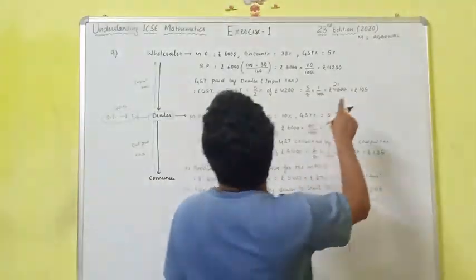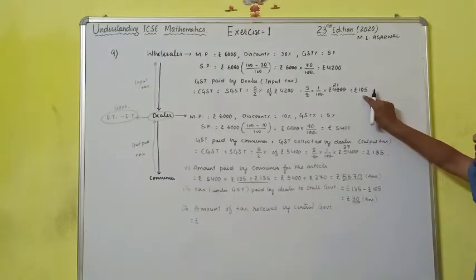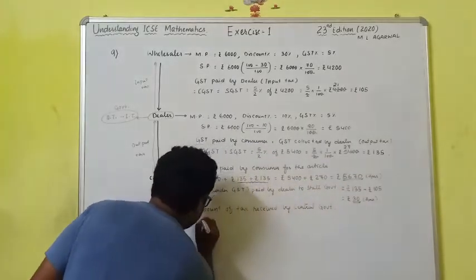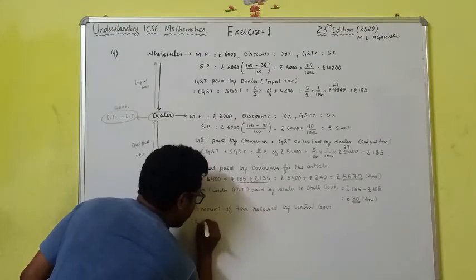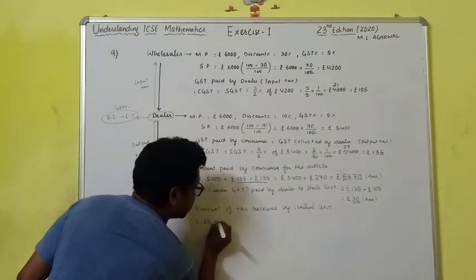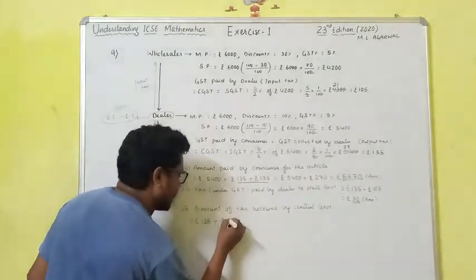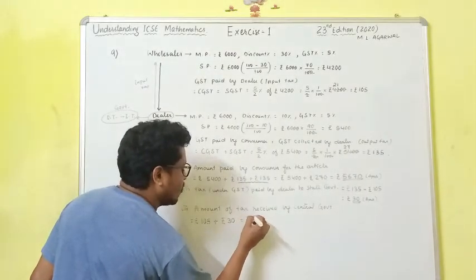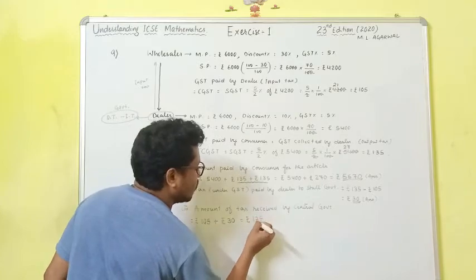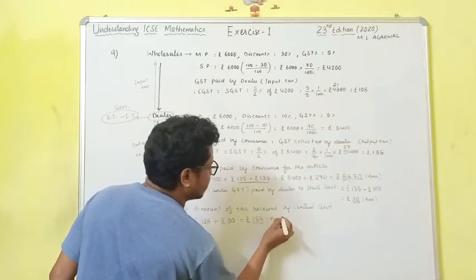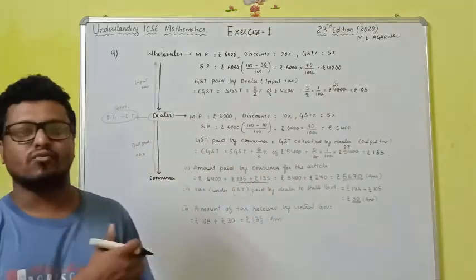See how much the wholesaler pays? 105. Then how much does your dealer pay? The dealer pays 30 rupees. So it will be equal to 135 rupees that will be paid to your central government. This is the way to solve.